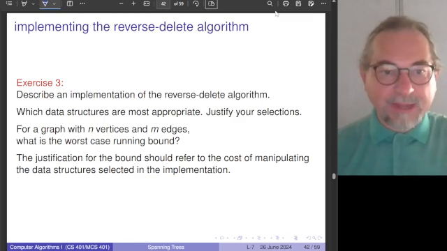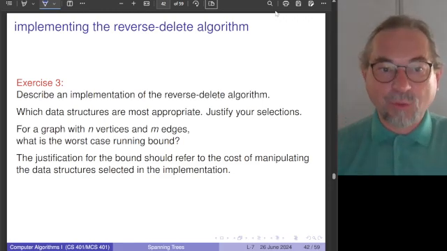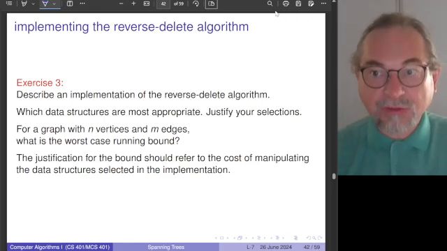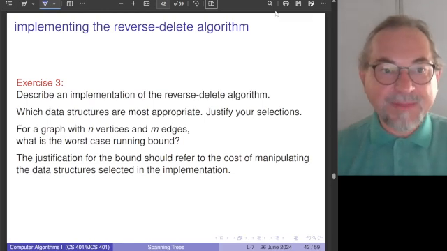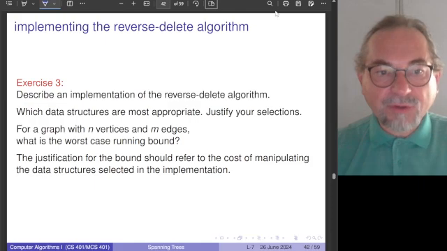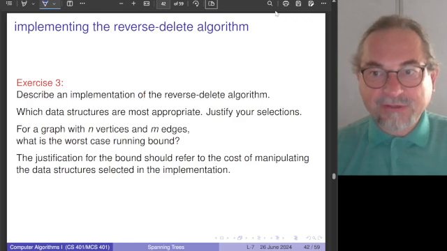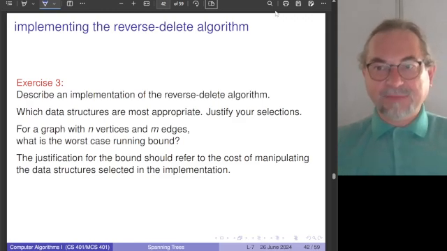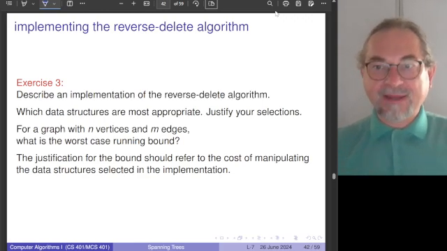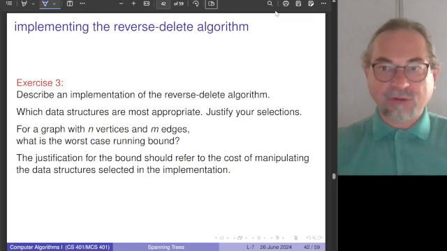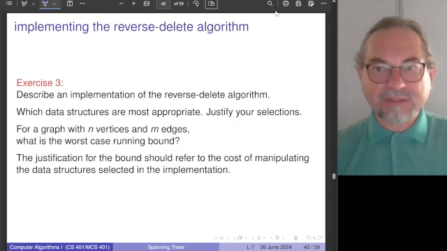So for a graph with m edges and n vertices, what is the worst case running time bound? You will have to consider all the edges actually. Also, when you justify your bound, you are deleting edges. You have to make sure that in your data structure you can delete the edges with a constant cost. That is important in solving this exercise.